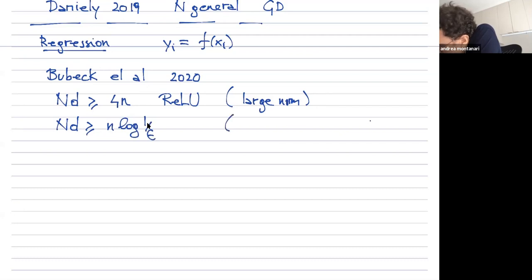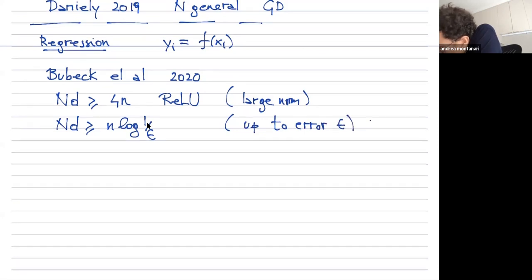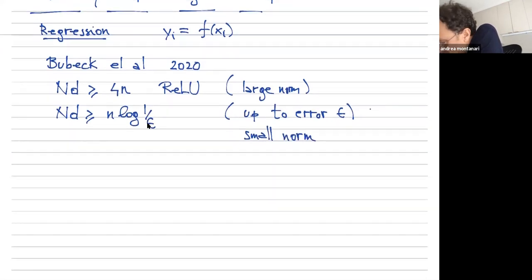This achieves interpolation up to an error epsilon, and it has a smaller norm, but there is no bound on the generalization error. I mean, no interesting bound. Okay, so this is regarding the history of this problem.